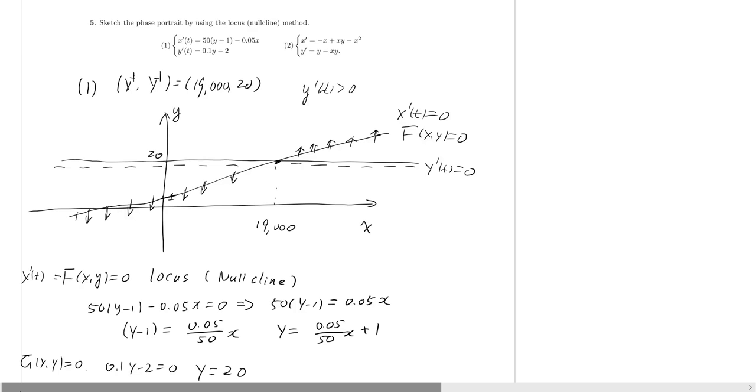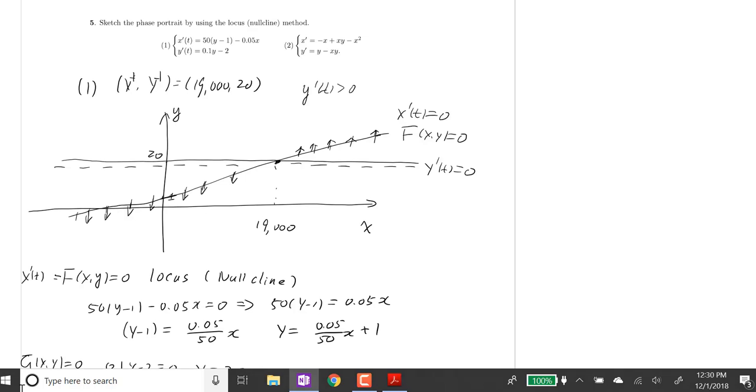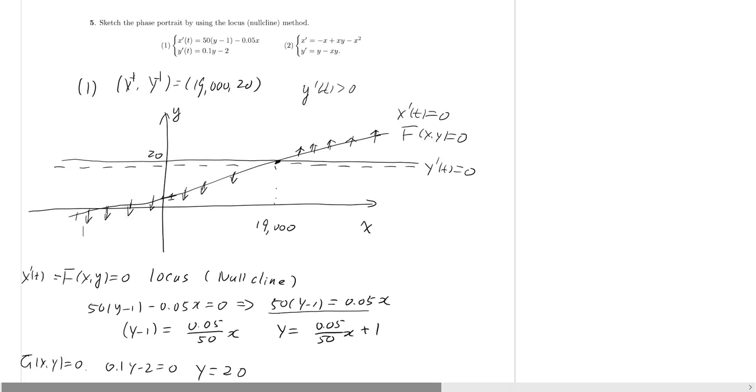And do the same thing for the short line segments on the horizontal line. We are determining whether it's going left or going right. And the equation we're going to look at is the one for x prime of t. So it's over here. And when x is large, it's negative. When x is small, it's positive because of the negative sign in front of x, or this 0.05, the coefficient.